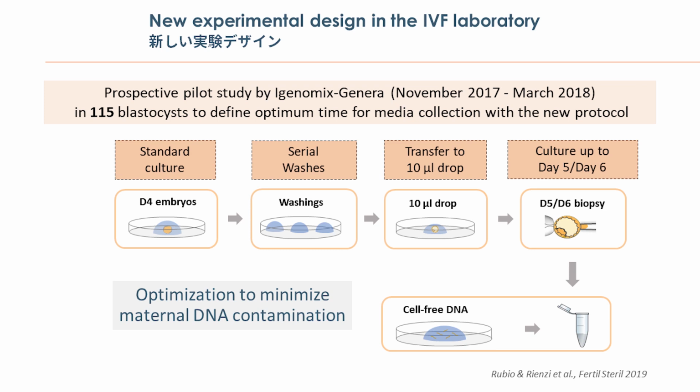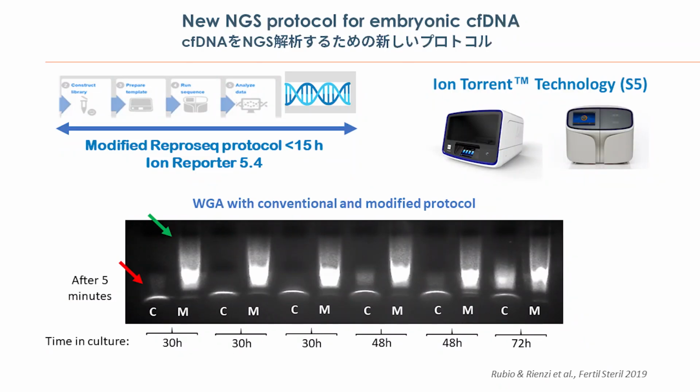We were analyzing the media blindly. So they were doing the biopsy, they were having the results of the trophectoderm biopsy, and they were transferring the embryos according to the trophectoderm biopsy. In our lab in Igenomix, we were receiving the media and analyzing the samples, but we were not sharing the results with them. So they transferred the embryos according to the trophectoderm biopsy, but we have the controls.